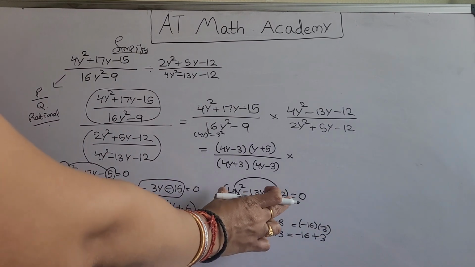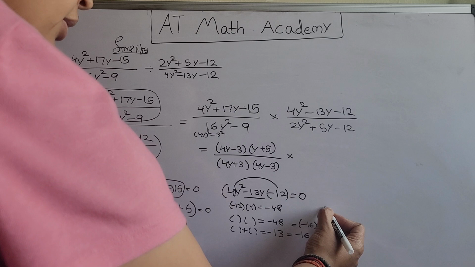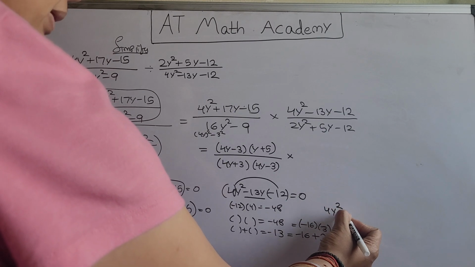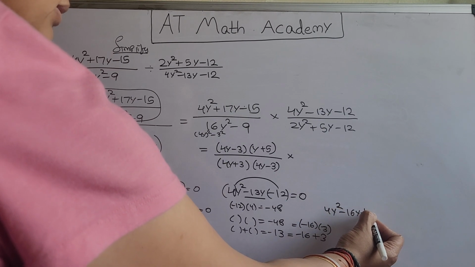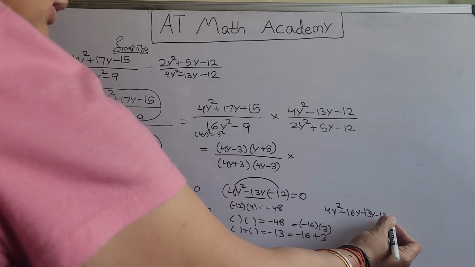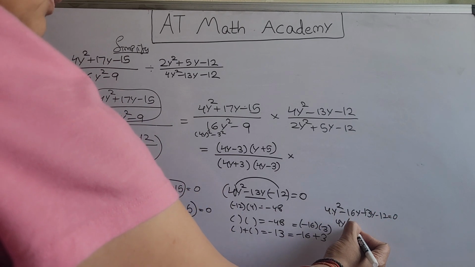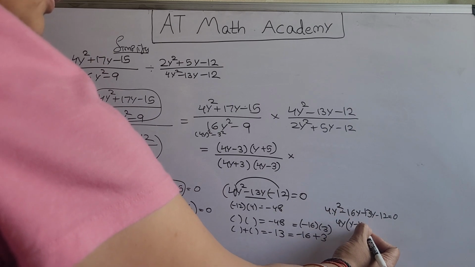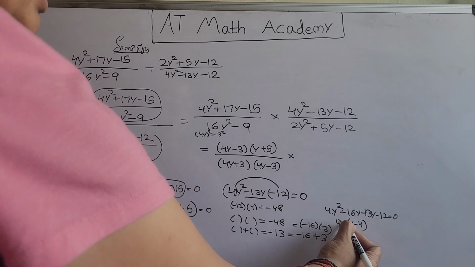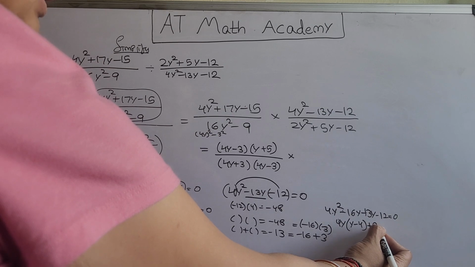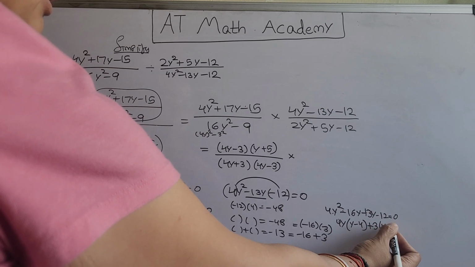So this expression can be written as 4y square minus 16y plus 3y minus 12 equal to 0. When I take 4y as common, I'm left with y minus 4, since 4 times 4 is 16, and for the other terms I get 3 into y minus 4.